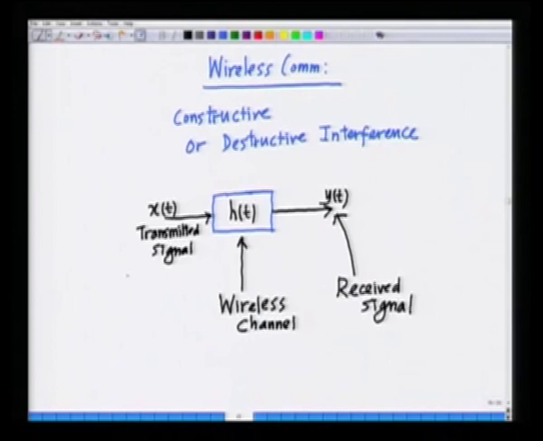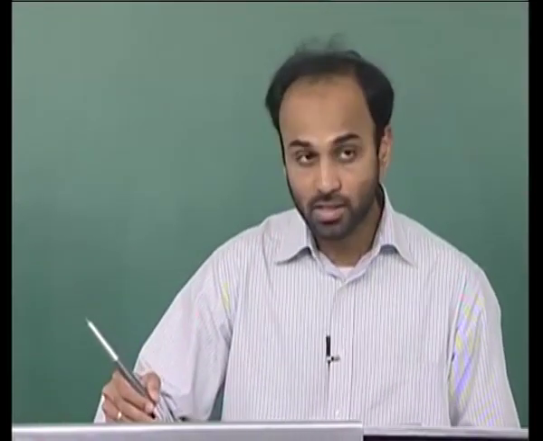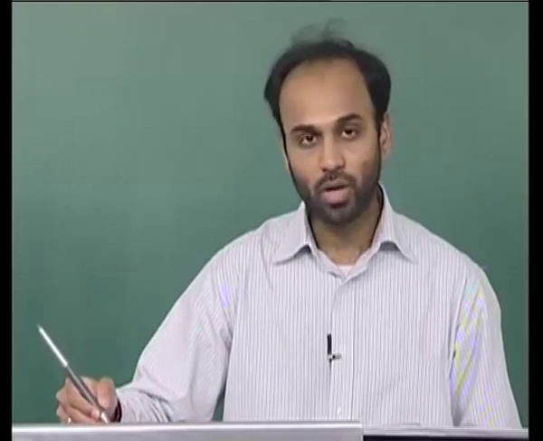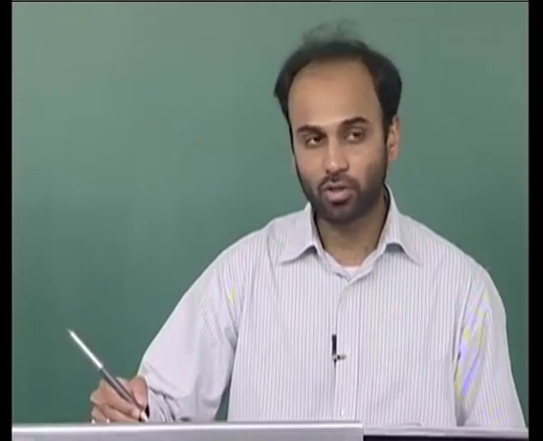This is also often abbreviated as Tx for the transmitter, Rx for the receiver. All right. So, Tx signal denotes transmitted signal, Rx signal denotes received signal. The wireless channel has an impulse response h of t. So, when I pass x of t through h of t, the output is x of t convolved with h of t.